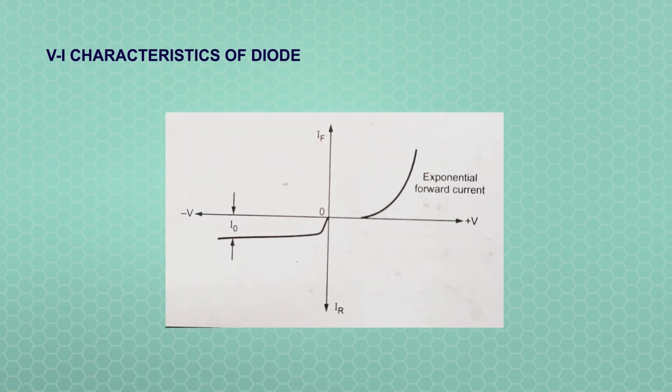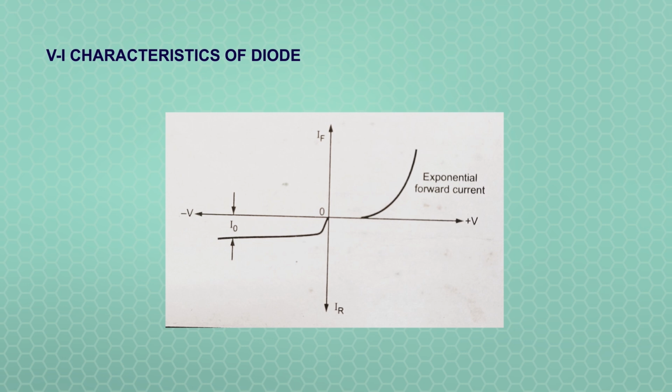So, in the first quadrant we can see the exponential characteristics shown for the forward current, and for the reverse current a linear curve is drawn having a small magnitude, that is I naught, which is the leakage current. So, the diode current equation shows that in the forward direction, when the forward bias is applied, after the knee voltage or the barrier potential is overcome, the current rises exponentially, and it is shown through an exponential curve.